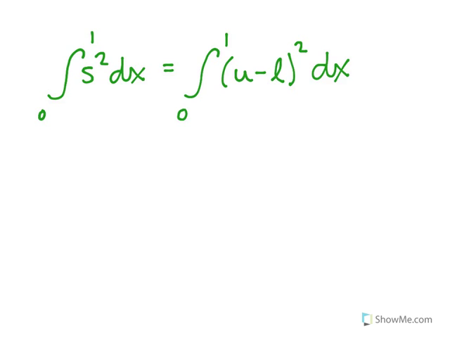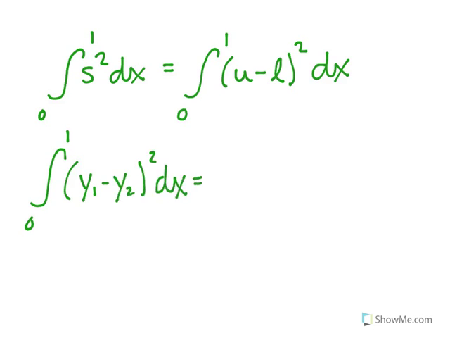Okay, so it's going to be the integral from 0 to 1 of the upper curve, which was y equals x, or y1, minus y2 squared dx, upper minus lower. I'm going to get everything in terms of x, so let's do the integral from 0 to 1 of x minus x squared dx, and that's how you set pretty much all of them up.